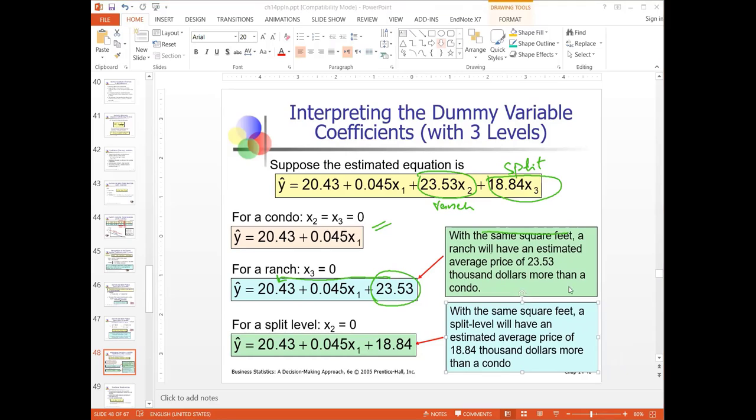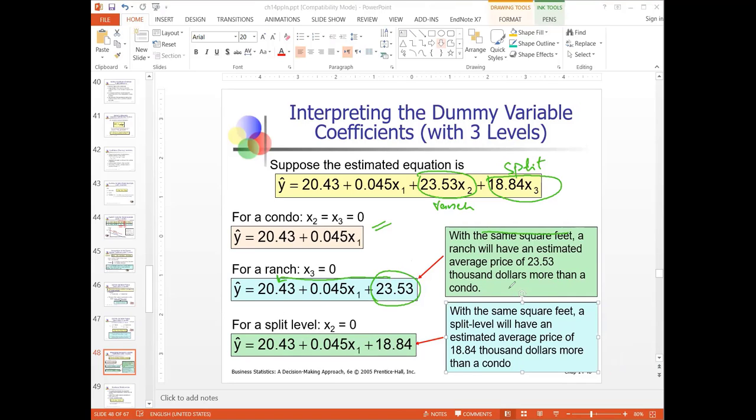So what is shown here is that with the same square feet, a ranch will have an estimated average price of $23,530 more than a condo. So what it is telling us is that if you are buying a standard house, which is a condo, and you shift to a ranch house, it will cost $23,000 more, because it has more value maybe.